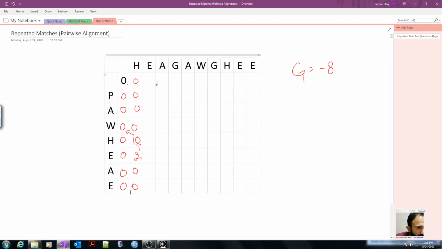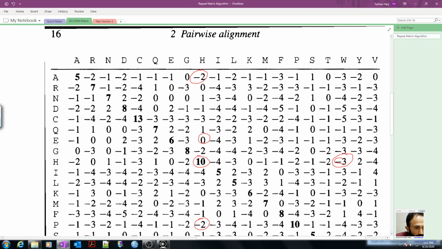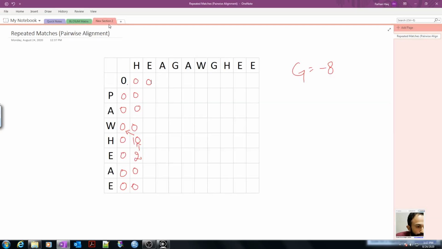Next again here P, again here we will add 0, and then from here P and E, the value we have to check. E and P is -1, so here we will add -1, so that will be negative, so we will go with the same value again, that is 0.